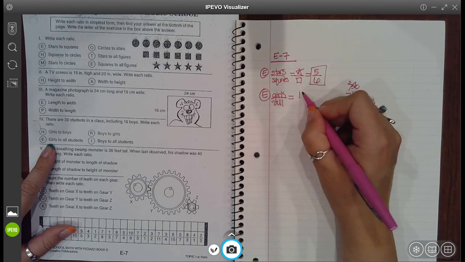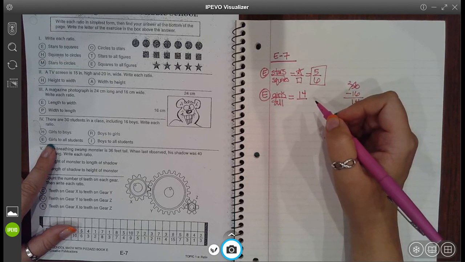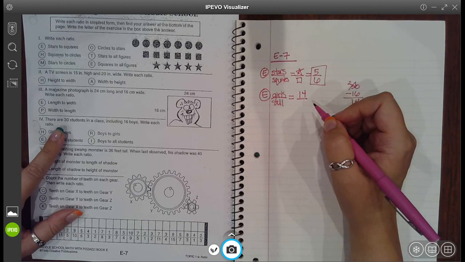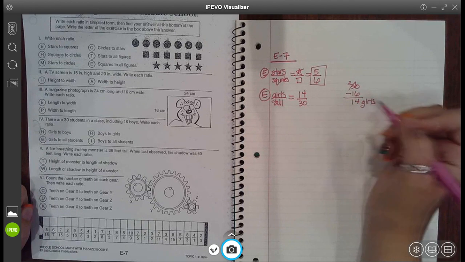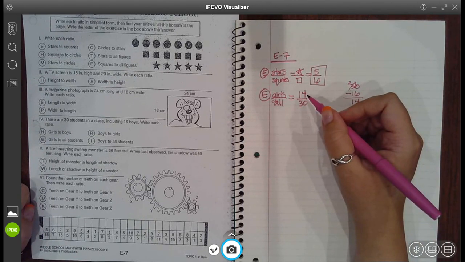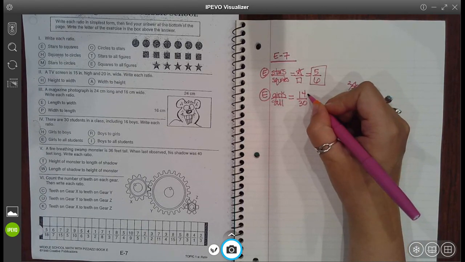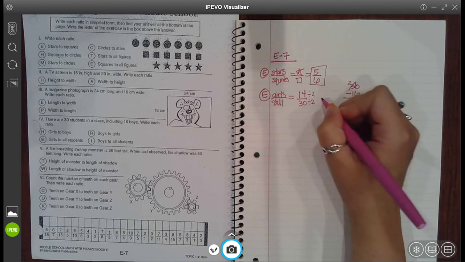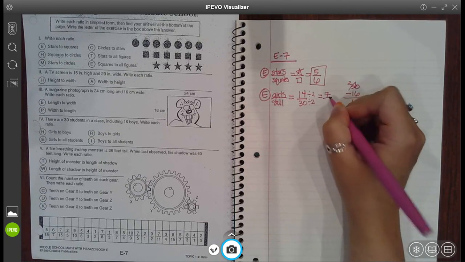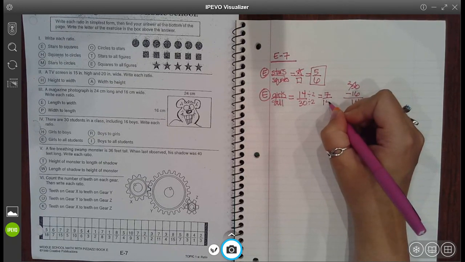So now I know 14 is on top for girls, and for all of them, they told me that there are 30 students. Okay, and so this fraction I can reduce. What can go into both? 2 can. 14 divided by 2 is 7. 30 divided by 2 is 15.